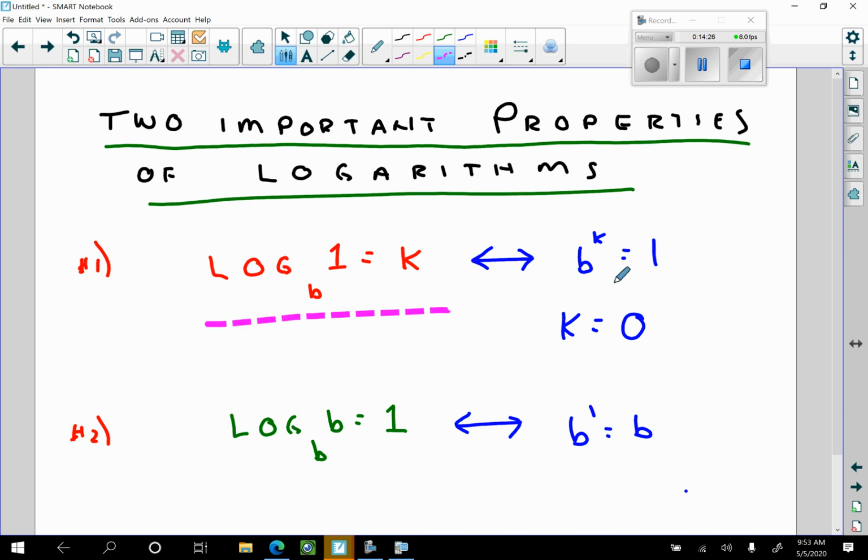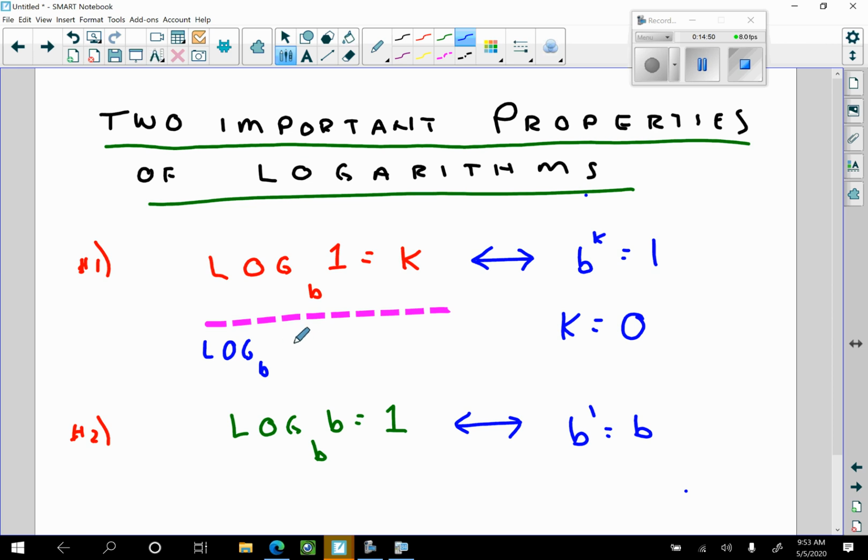Well, what would k be then? Something to the k power is 1. K has to be 0 because anything to the 0 power is 1. So our first property then, I'm going to rewrite this, is right here. It doesn't matter what the base is. It could be base 10.